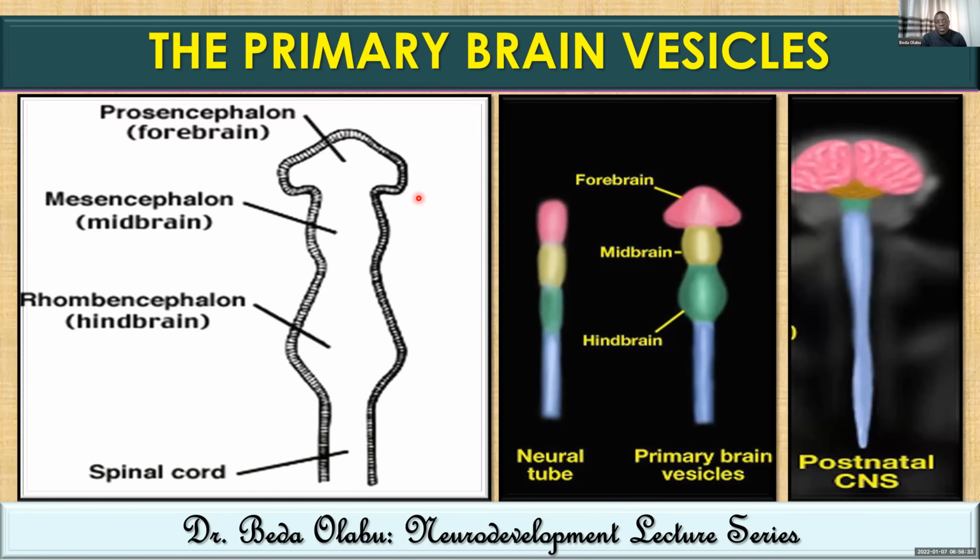The first induction leads to the formation of 3 swellings, and these 3 swellings are known as the primary brain vesicles. We call them forebrain swelling, midbrain swelling, and hindbrain swelling. Well, there are better terms for them. We have what we call prosencephalon, and so prosencephalic swelling is the forebrain swelling. Mesencephalic swelling is the midbrain swelling. And rhombencephalic swelling is the hindbrain swelling.